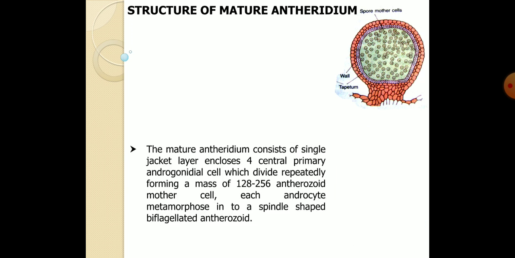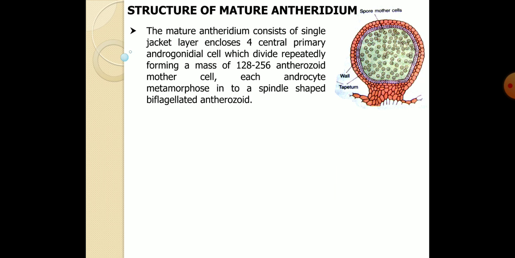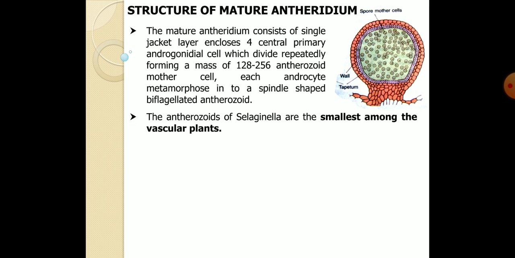Coming to the structure of the mature antheridium, it consists of a single jacket layer with central androgonial cells, and they produce 100 to 250 antherozoids, which undergo metamorphosis and are biflagellate.